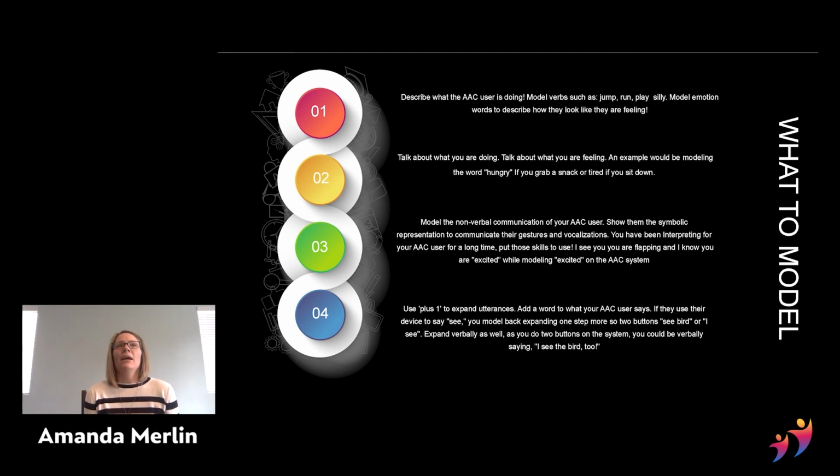I go through a few different communication systems, and if I go through phases, I might be using Proloquo for a while, and then I have to switch back to TouchChat, and I'm like, oh, I don't remember TouchChat right now, and I'm always rusty. Modeling is the best way to relearn a system. Stumbling around is a fantastic time to talk through those communication breakdowns.